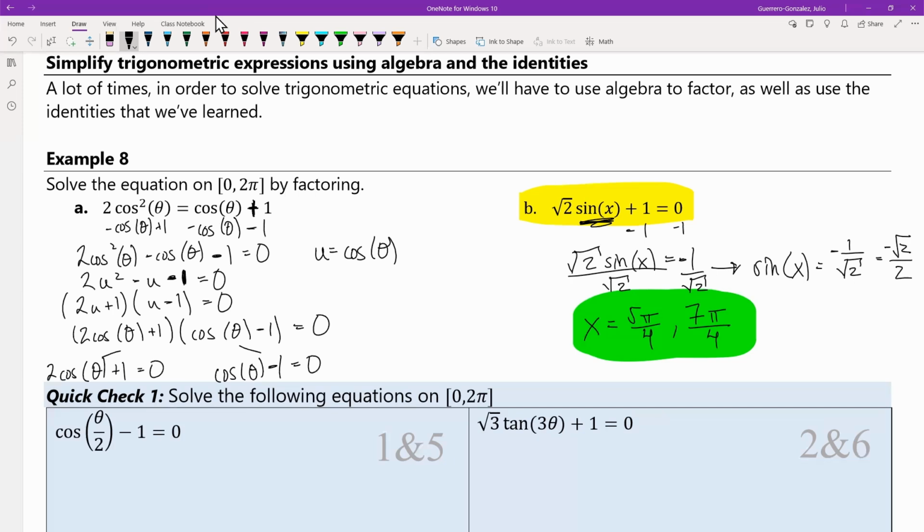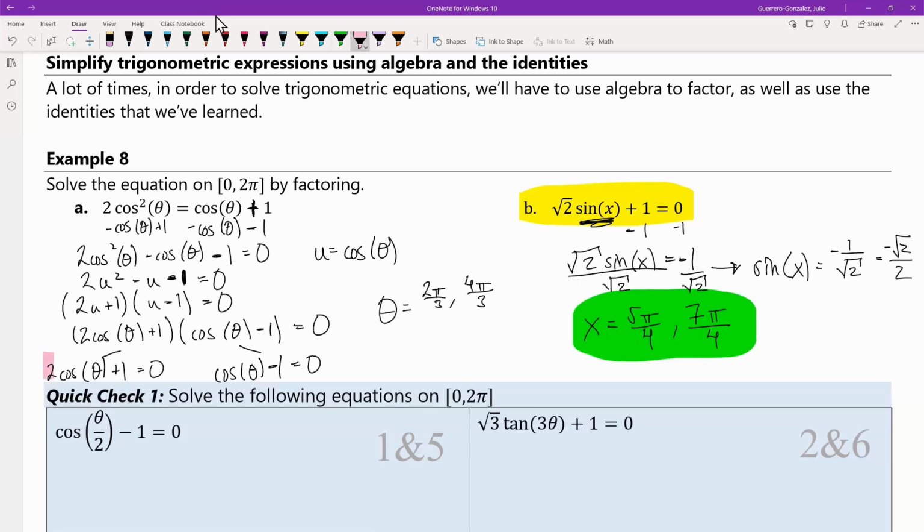If you solve each one of these separately, if you look at your unit circle, the first one is going to be 2 pi over 3 and 4 pi over 3.